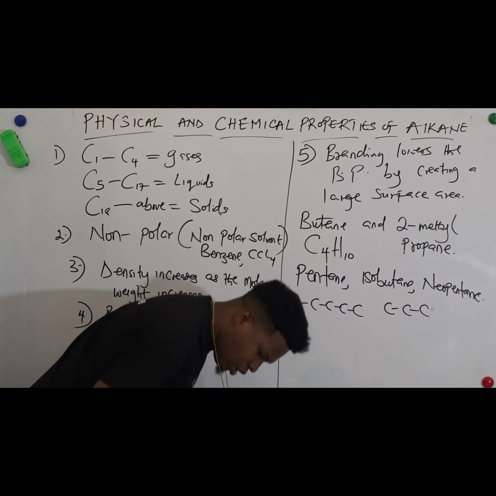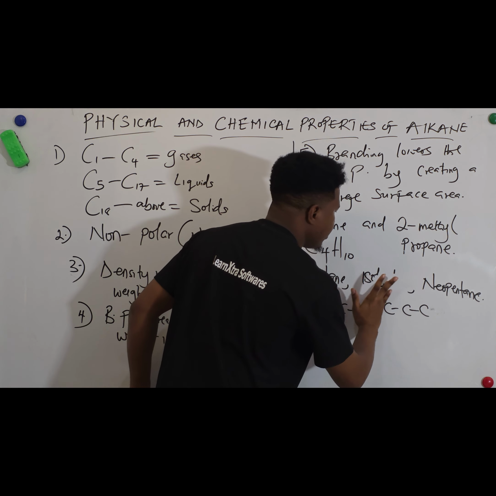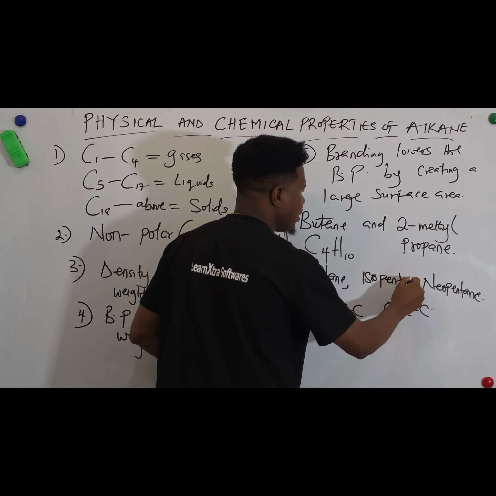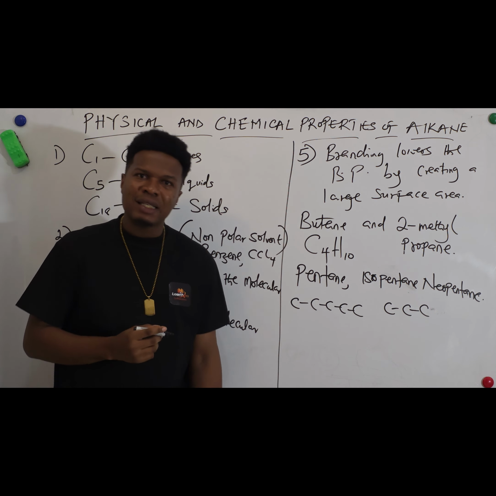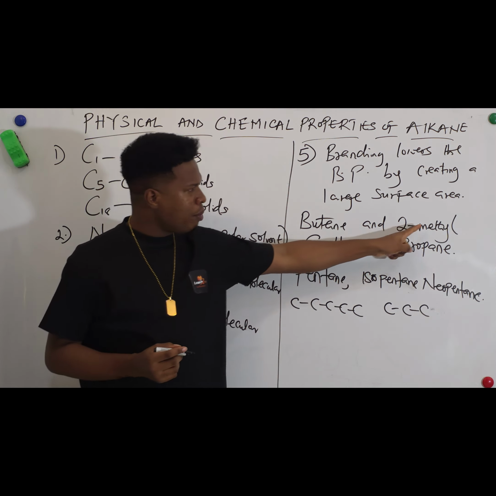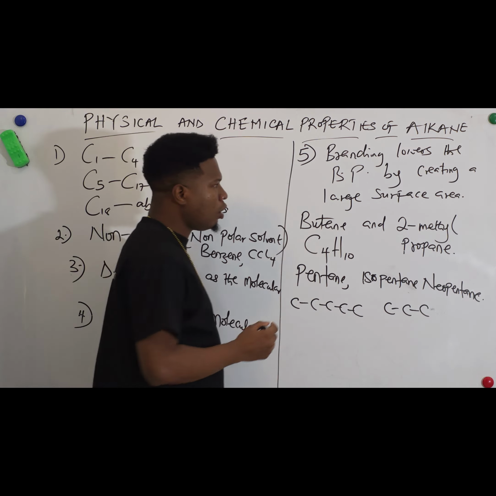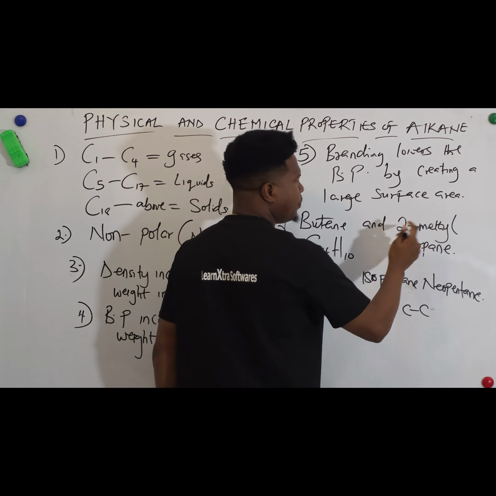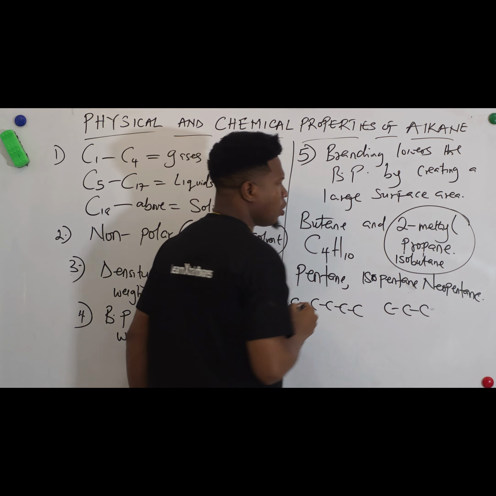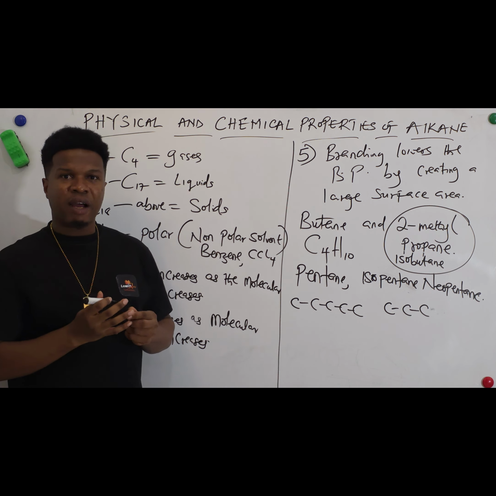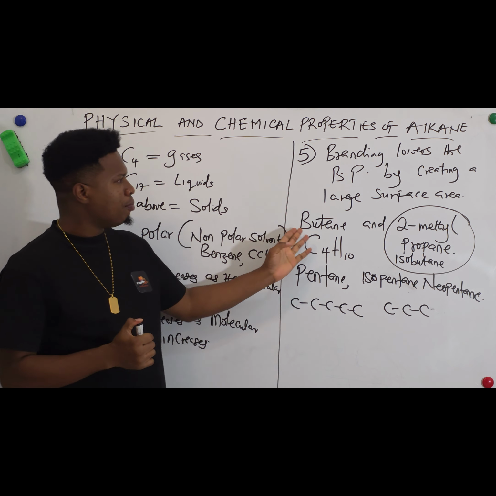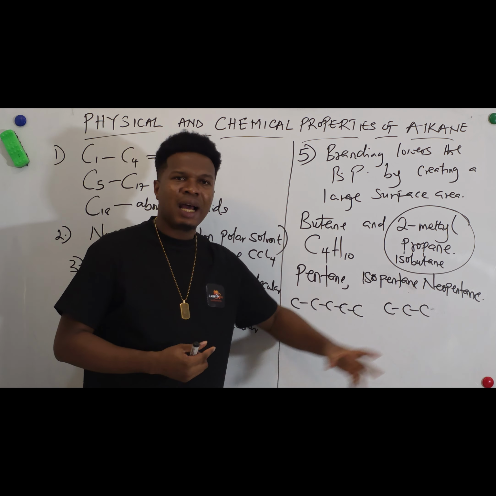Isopentane is the same thing as 2-methylbutane. Actually, 2-methylpropane is isobutane, so this here is also called isobutane. But I'm not talking about that. I've already explained that the boiling point of butane is higher than 2-methylpropane or isobutane. Why? Because butane does not have any branch, but isobutane has a branch.